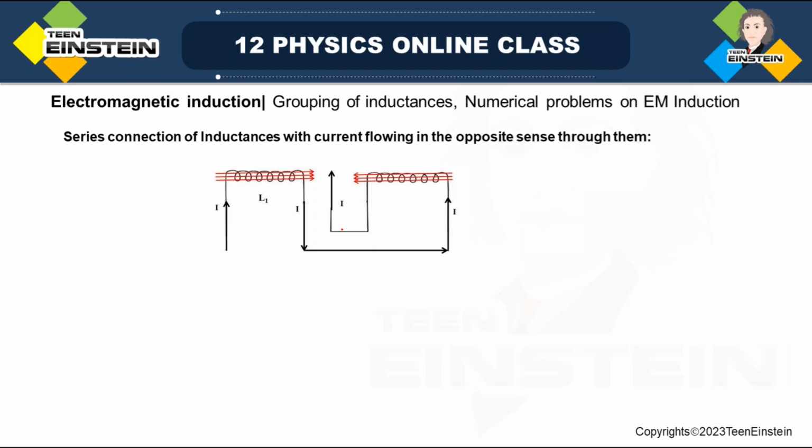The inductors are coiled in the same sense, but they have been connected in such a way that the current in both coils will be flowing in opposite directions. Like in this coil the current is in this direction, and in the other coil it is in this direction.